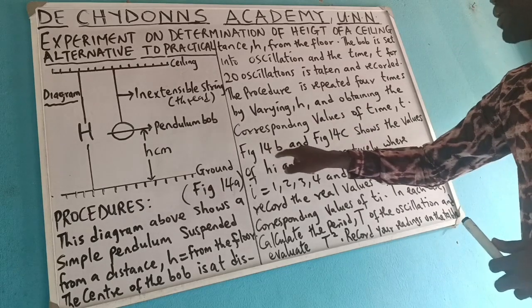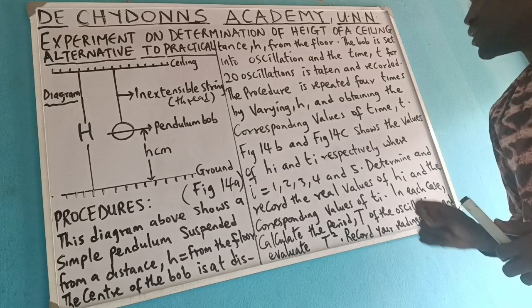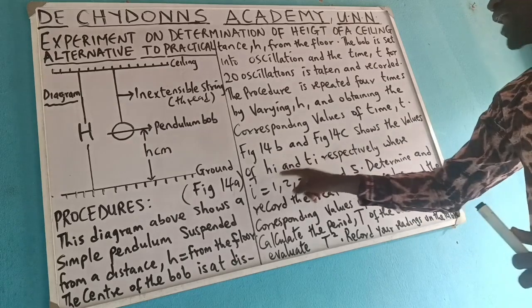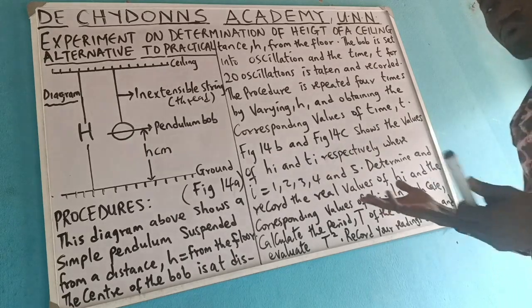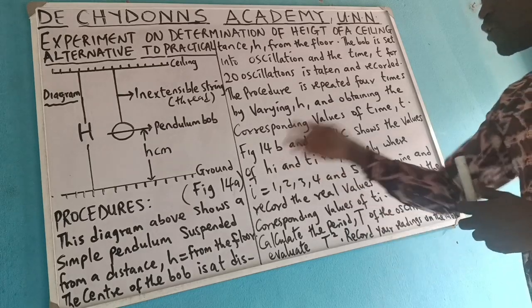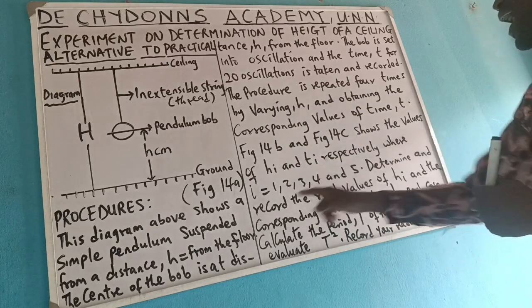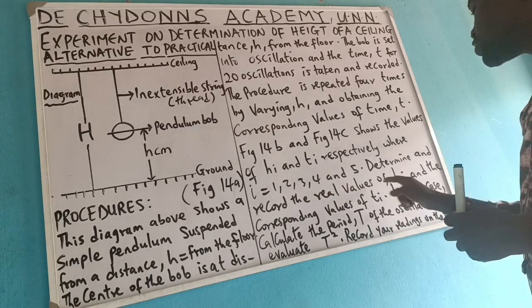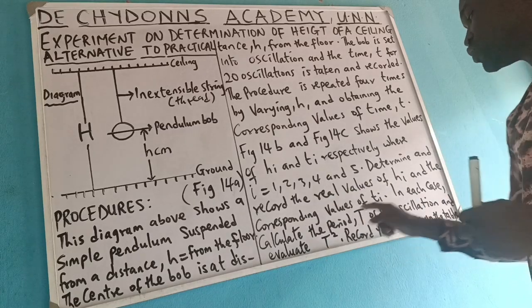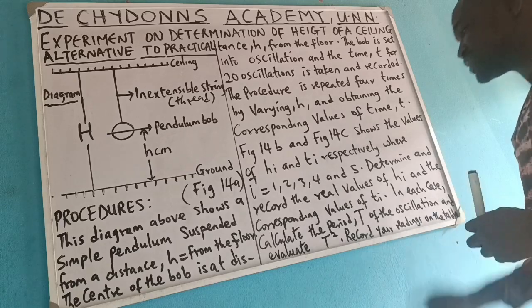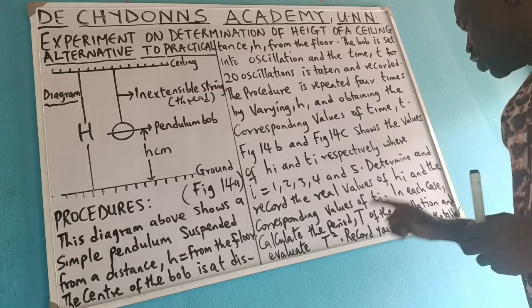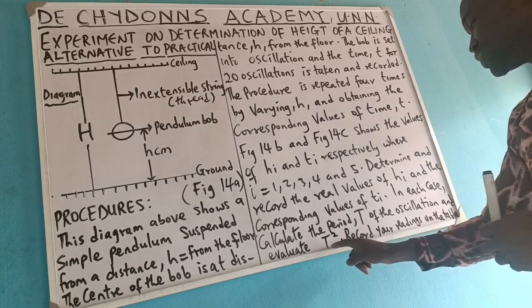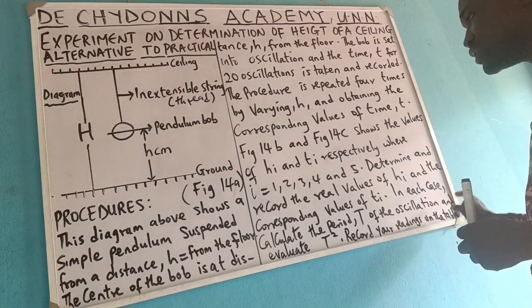Fig 14b and Fig 14c show the values of hi and ti respectively, where i is 1, 2, 3, 4, and 5. Determine and record the real values of hi and the corresponding values of ti. In each case, calculate the period T of the oscillation and evaluate T squared. Record your readings in the table.